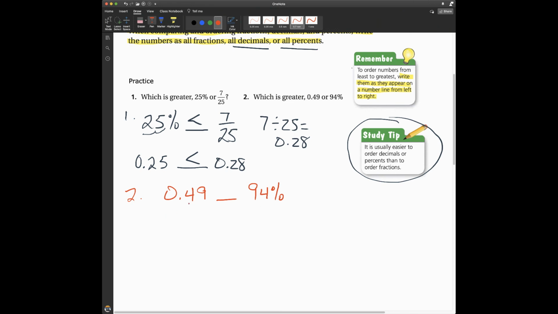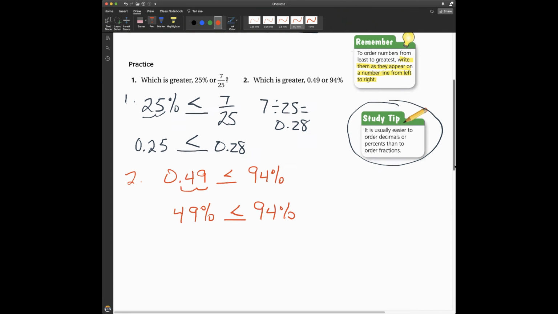Let me write the decimal as a percent. I would move the decimal 2 places towards the direction of the percent sign. So I'm comparing 49% and 94%, and it's pretty easy to see that 94% is greater. Okay, so hopefully you guys were able to get that one.